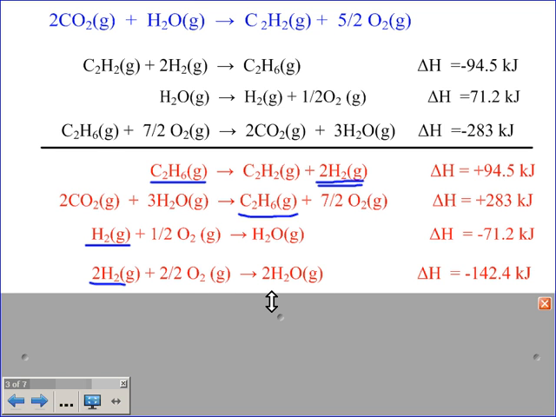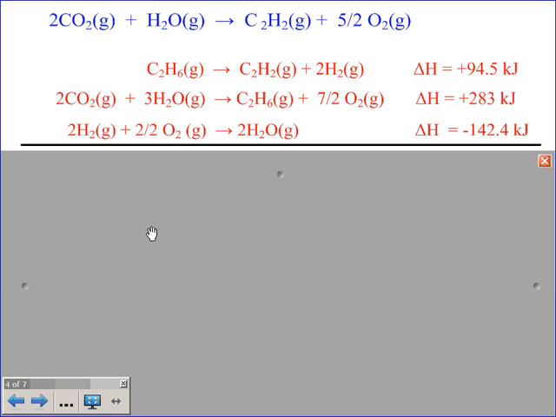I have 2 halves oxygen and 2 waters, and I have twice as much, still the same sign, but twice as much energy involved. So to neaten this up, because now I'm not using this equation at all. Now this equation has been replaced by the one below it. So if I neaten this up, here I have my 3 equations, the bottom one being doubled, and I can add them together.